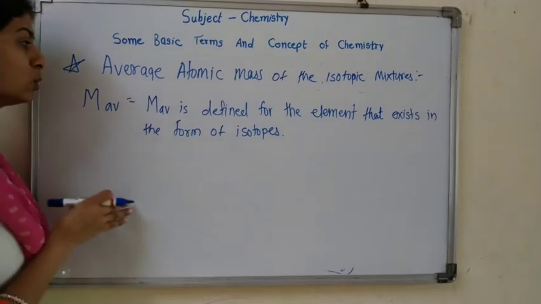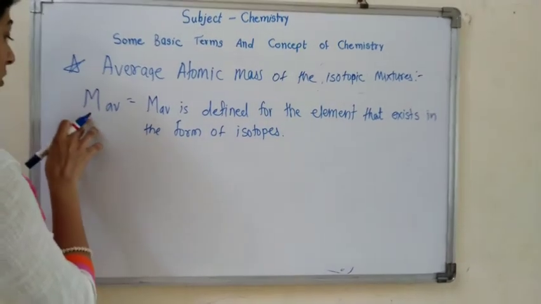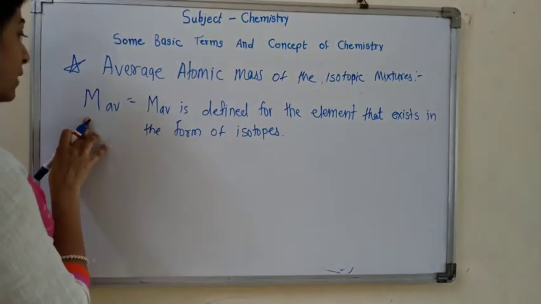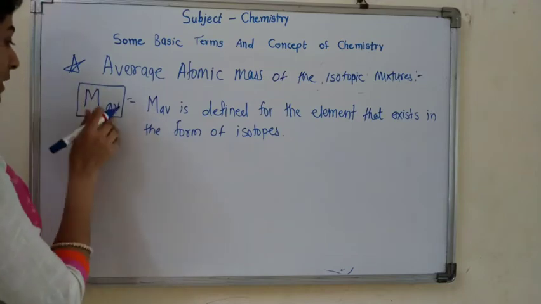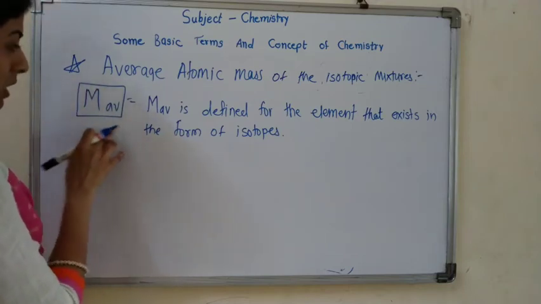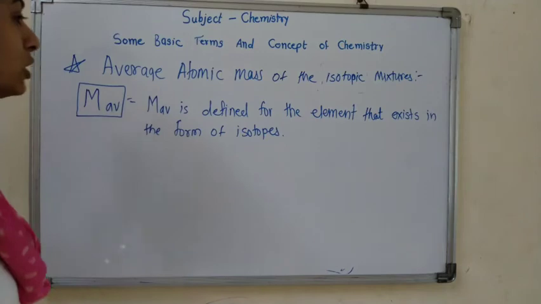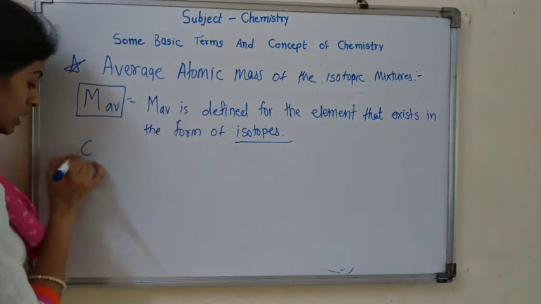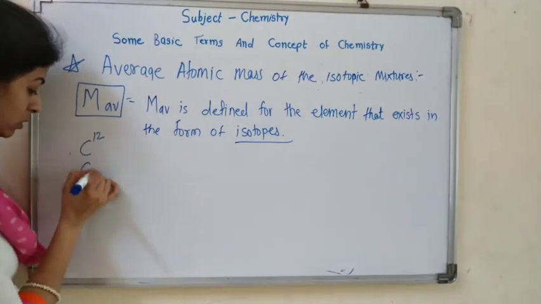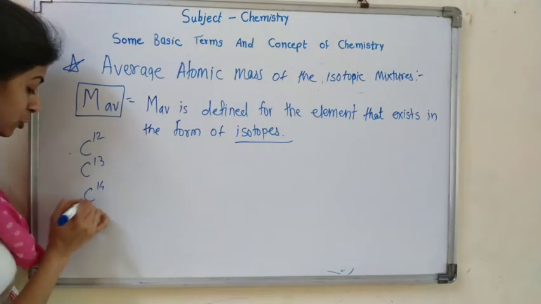Now how to calculate average atomic mass, M_AV, that is average atomic mass. Now M_AV is defined for the element that exists in the form of isotopes. Example, C-12, C-13, C-14.